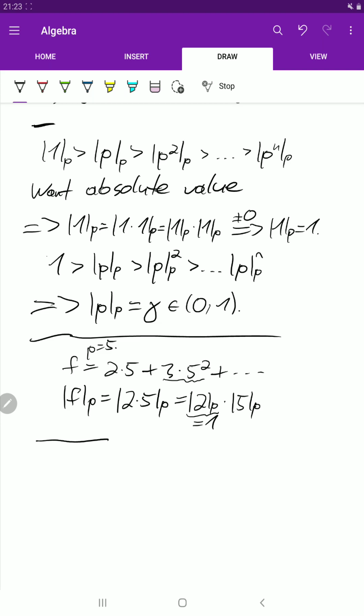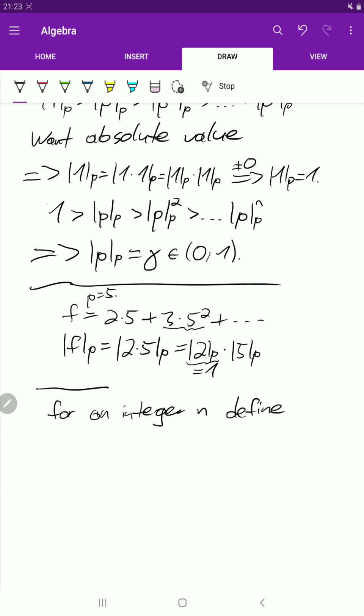So for an integer n, we define the p norm, so we have to take some gamma in (0, 1), and let's say gamma to the negative of the maximum over the m, actually we can take non-negative, such that p to the m divides n.